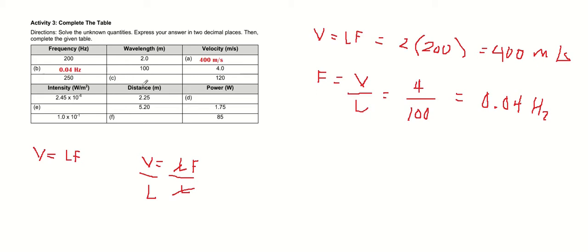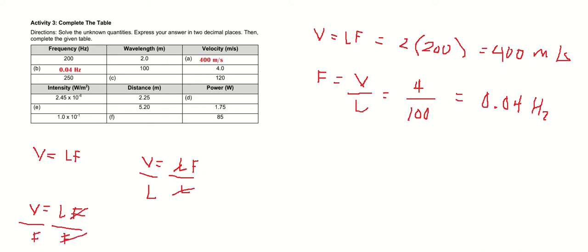So ngayon, sa letter C na pinapahanap sa atin yung wavelength. So balik tayo sa base formula, dun sa pinaka-basic na formula. V is equal to wavelength times frequency. So hinahanap natin is yung L lang. So magdi-divide tayo ng F both sides para matira lang yung L. F, cancel na yan.